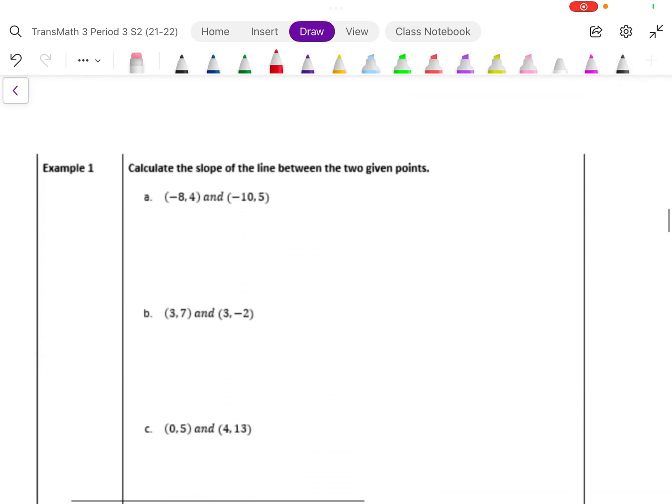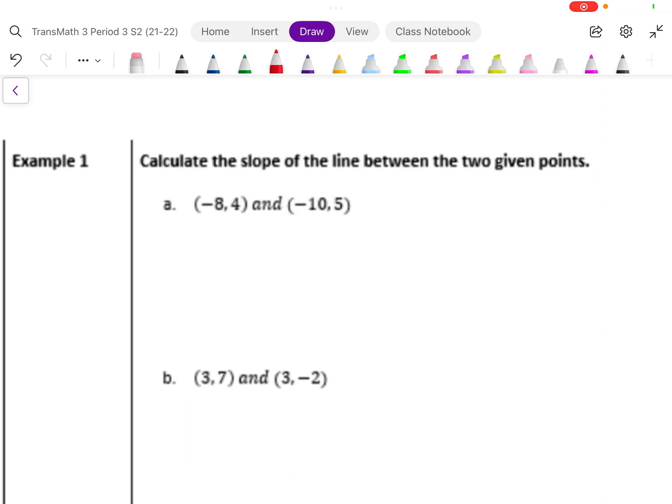It says calculate the slope of the line between the two given points. First off, we're just going to write that equation: y2 minus y1 over x2 minus x1. Now we have 2 points, x, y, x, y.